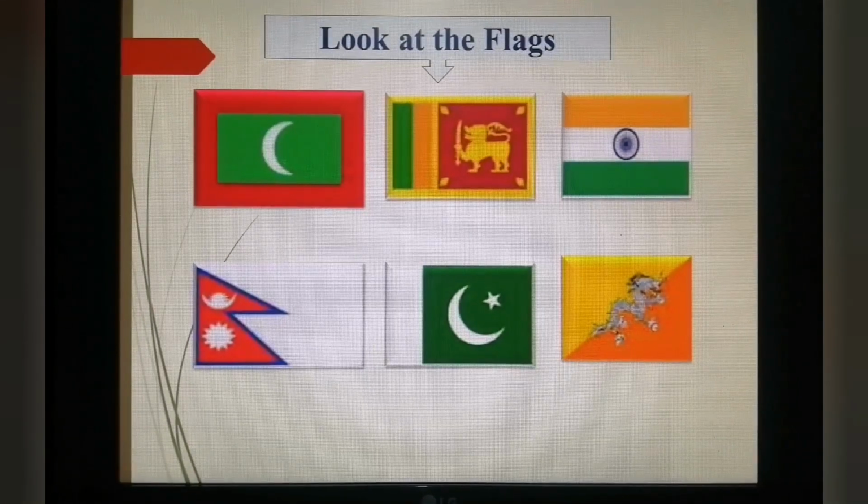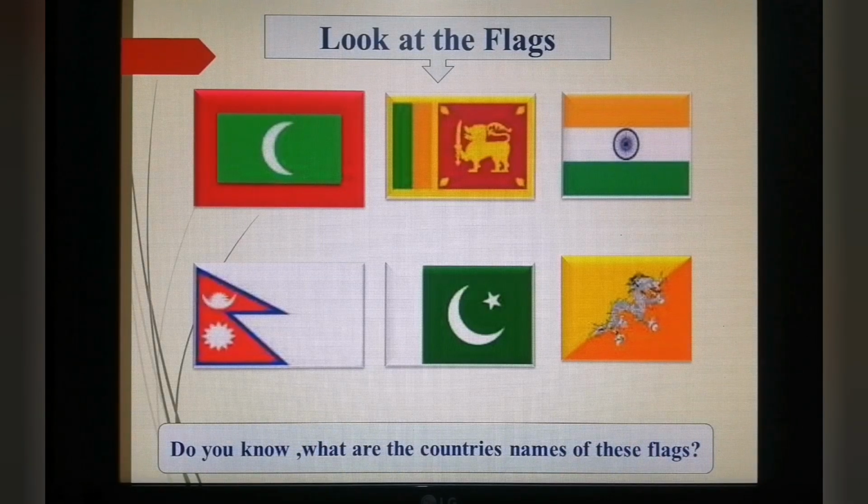Students, look at the flags on the screen. There are 6 flags of 6 countries. Do you know which countries belong to these flags? Guess. Do you know what are the countries' names of these flags?